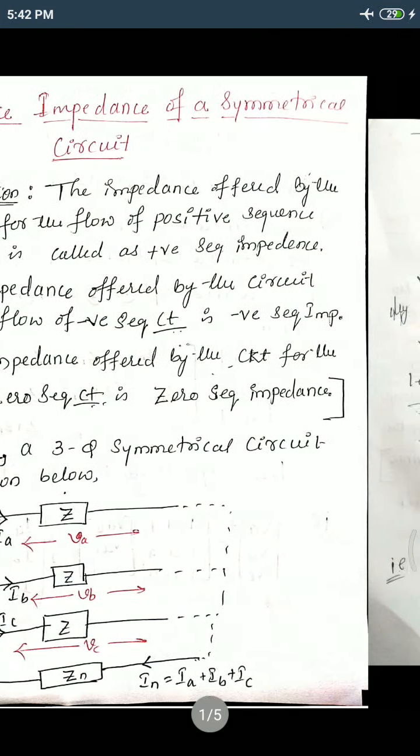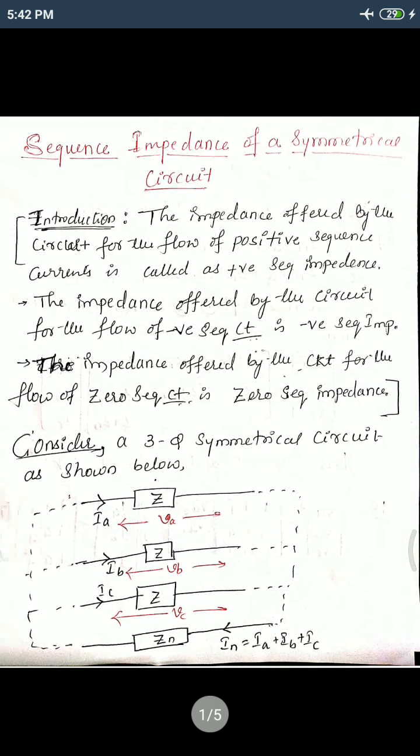The impedance offered by the circuit for the flow of positive sequence current is called the positive sequence impedance. Similarly, the impedance offered for the flow of negative sequence current is called the negative sequence impedance, and the impedance offered for the flow of zero sequence current is called the zero sequence impedance. Now we have all three definitions.